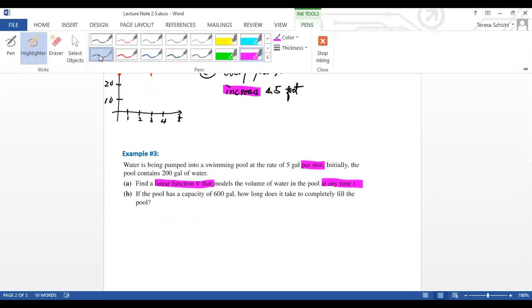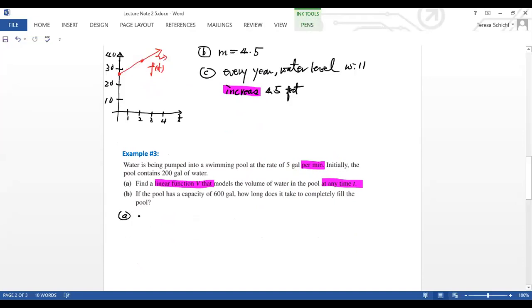So for part A, we say volume of t will be equal to our y. It's mt plus b. So what is the slope? The slope is how much y changes for every unit. So what is the unit here? The unit is minutes. So I say it's 5t.